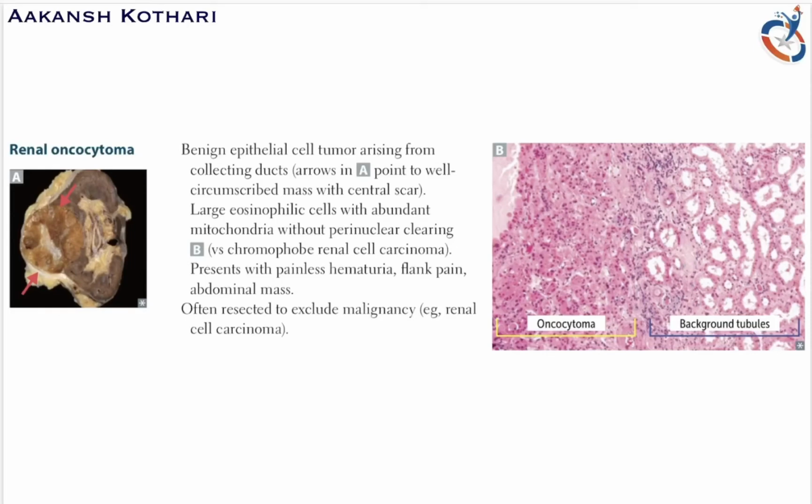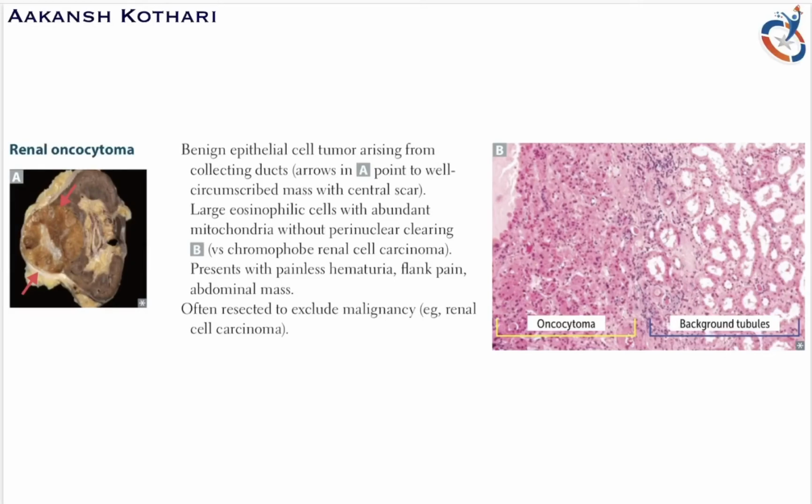Is it clear? Now, what is the treatment of renal oncocytoma? Since it is a benign tumor, it is just resected. This part is resected from the kidney to exclude malignancy, for example renal cell carcinoma. If it is not resected, it can lead to renal cell carcinoma and become malignant.